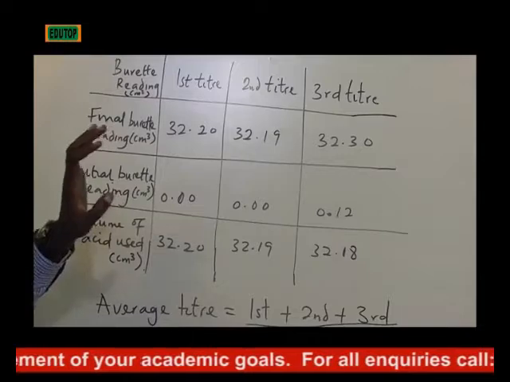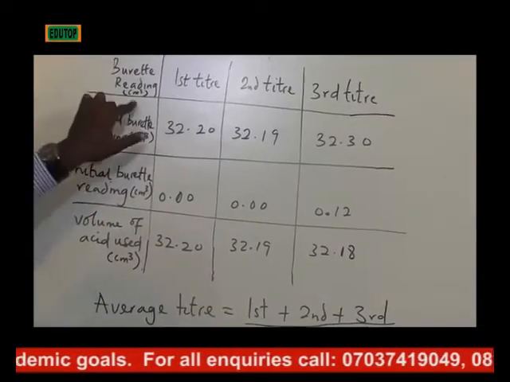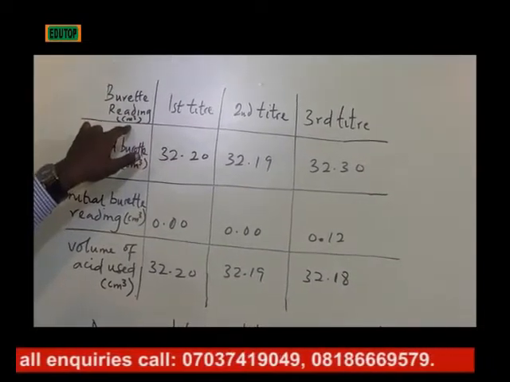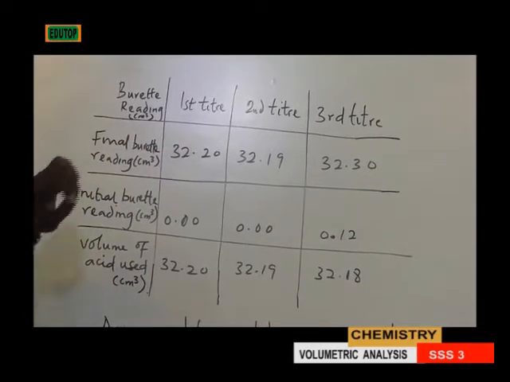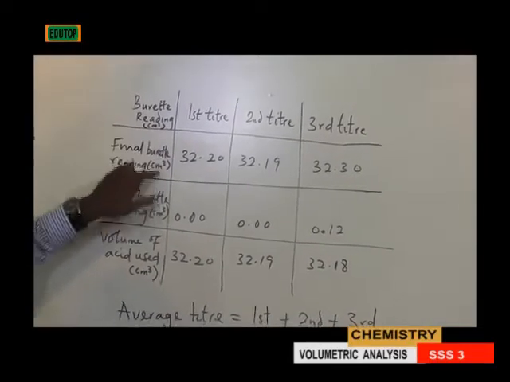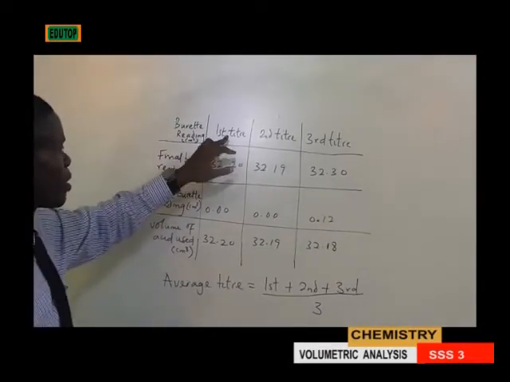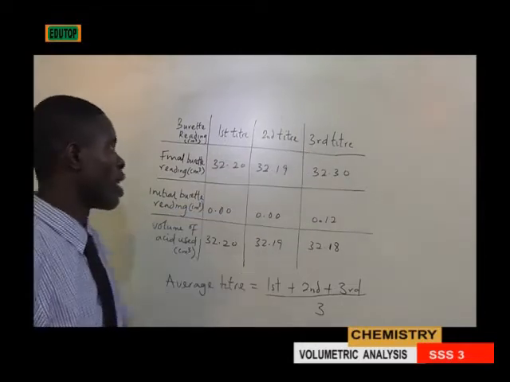It must be noted that each of these parameters has to be in cm³. The unit of measurement must be stated clearly in the table. Then this is your first titer, the second titer, the third titer.